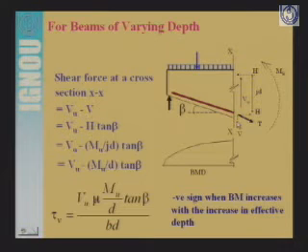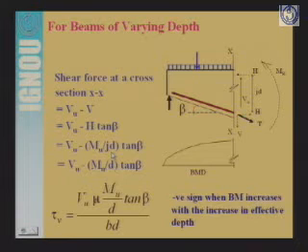This V can be taken in the form of H, and from trigonometry you can write V equal to H tan beta, and H can be expressed as bending moment divided by the lever arm, because of this couple H, one acting in this direction and one in opposite direction, a moment is applied, and this H can be equated as Mu divided by JD.